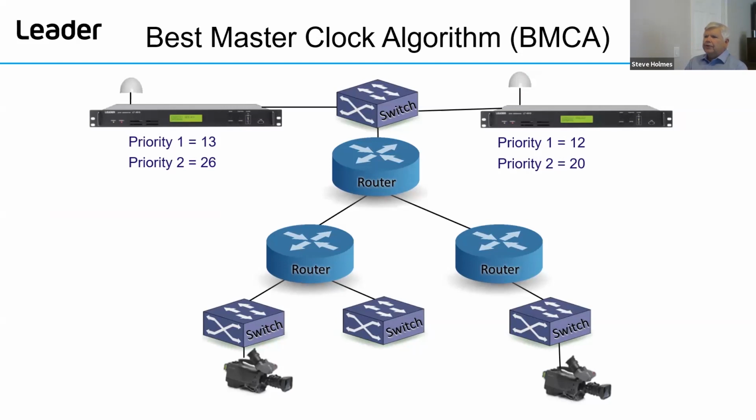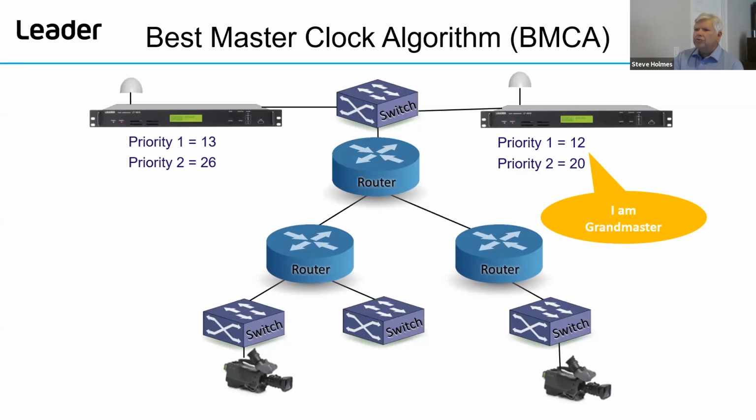In this particular scenario, if you look, the unit on the left has a priority 1 of 13, priority 2 of 26. The unit on the right has a priority 1 of 12 with a priority 2 of 20. What's going to happen? So he is now the Grand Master because he has lower priorities than the unit on the left.